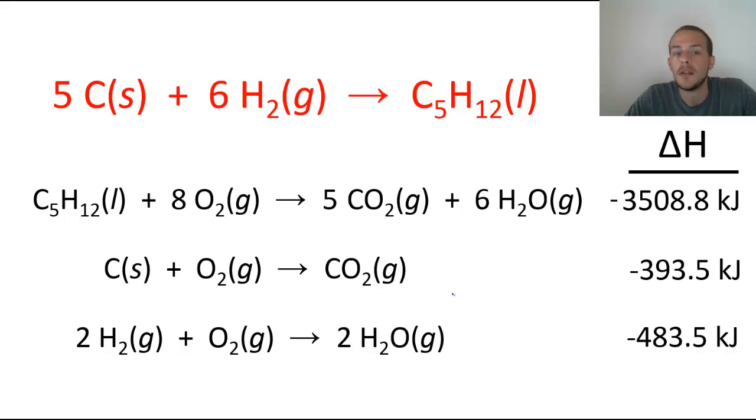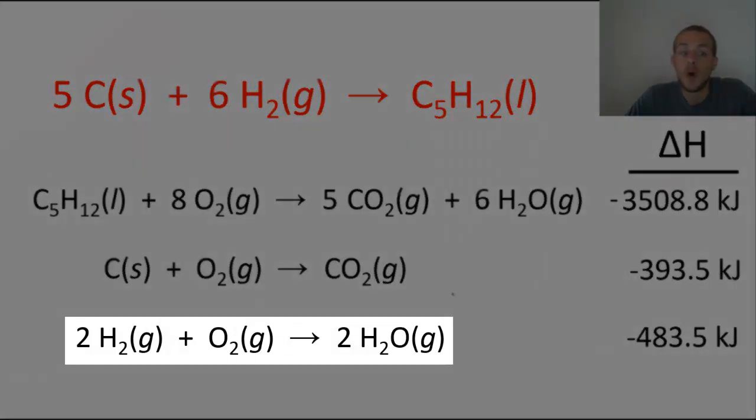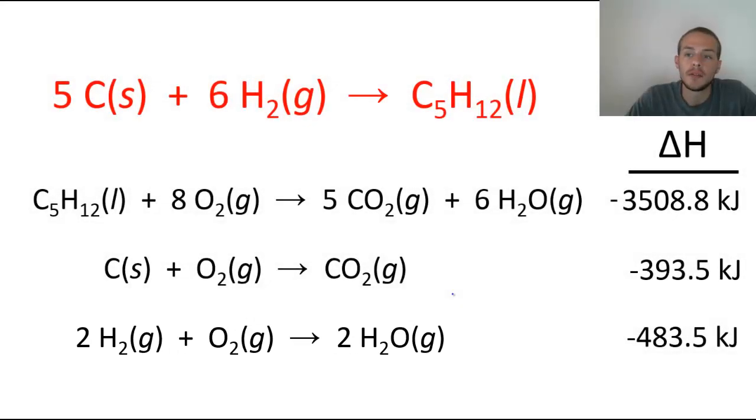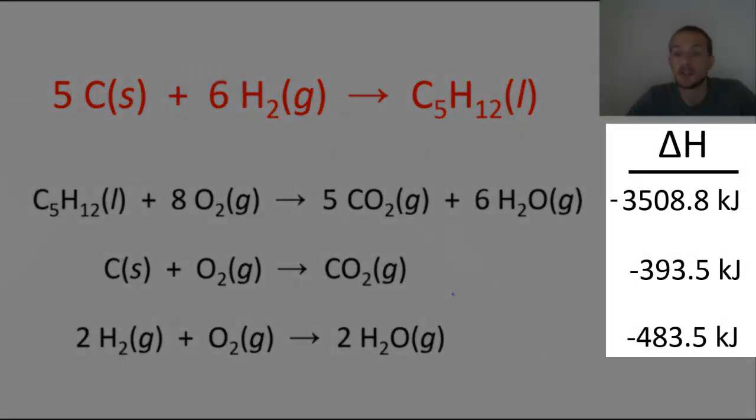And then on the bottom, we have the formation of water from hydrogen and oxygen gas. And all of these delta H values are shown. For the combustion of pentane, it's negative 3,508.8 kilojoules. For the formation of CO2, it's going to be negative 393.5 kilojoules. And then for the formation of water, it's going to be negative 483.5 kilojoules.